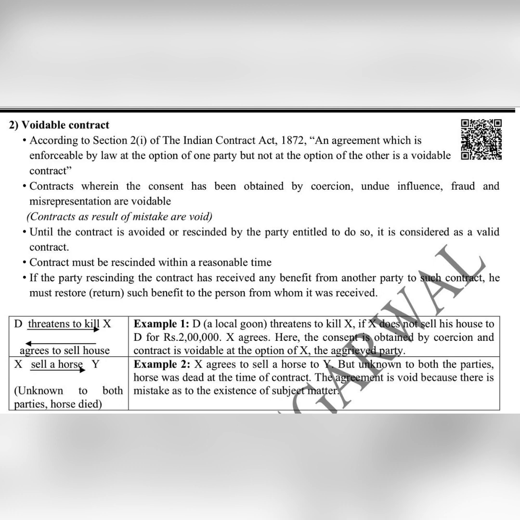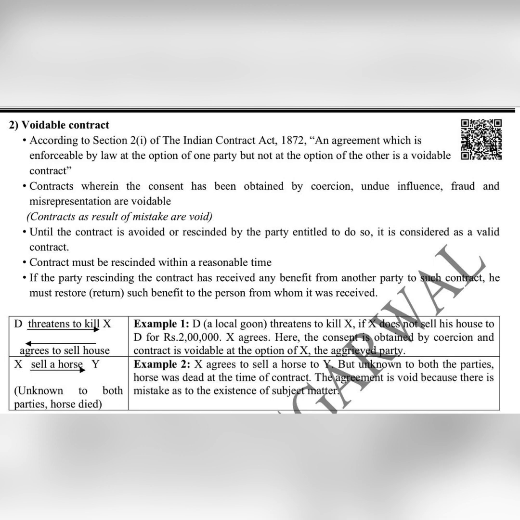Now, why is a contract where the consent is obtained by mistake void, why not voidable? Let's take the example: X offered to sell his horse to Y, but unknown to both the parties, the horse was already dead at the time of contract. Now if we consider this as a voidable contract, can the aggrieved party insist upon performance of the contract? Can he treat it as valid?